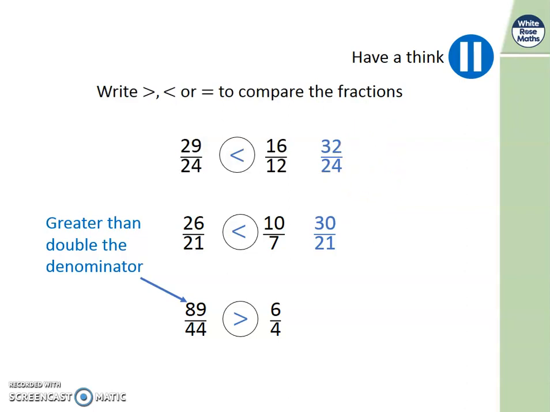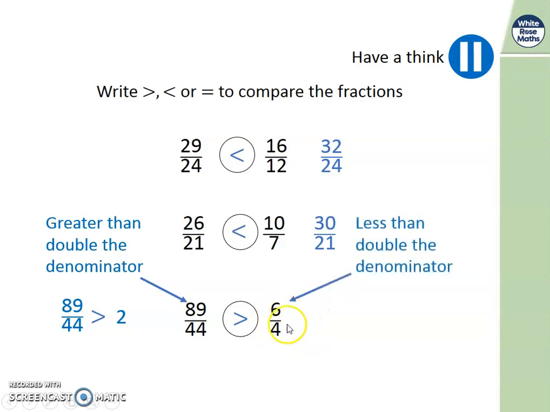So I therefore have more than 2 whole ones. On this side, 4 fourths would be 1 whole one, and 8 fourths would be 2 whole ones, but I don't have 2 whole ones. So this is less than double, it's therefore less than 2 whole ones. And by comparing like that, I can see that this side, being greater than 2, is greater than this side, which is less than 2 whole ones.